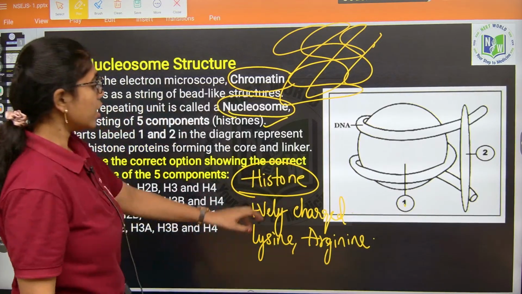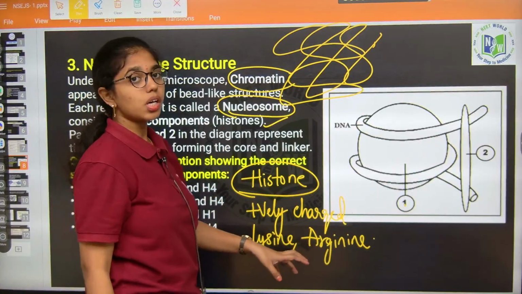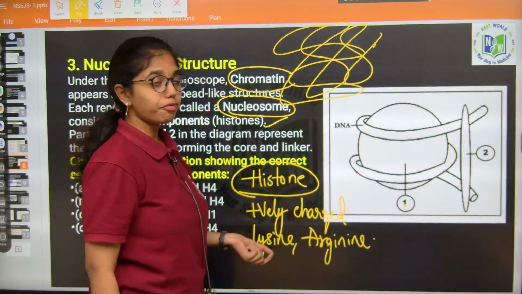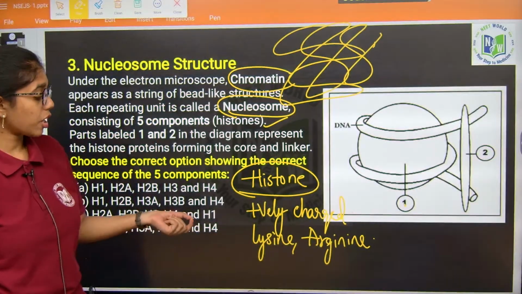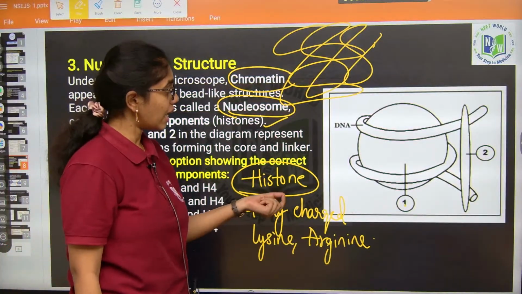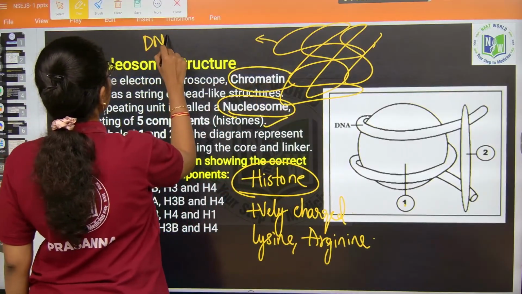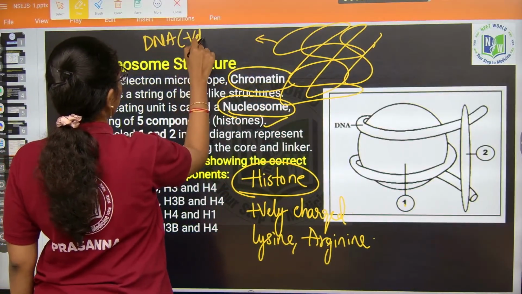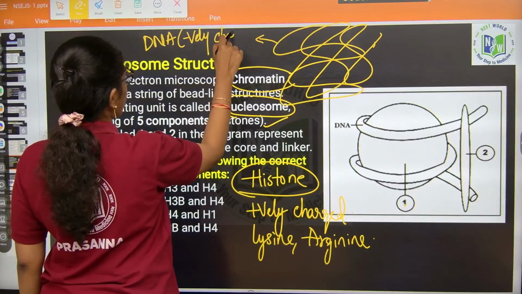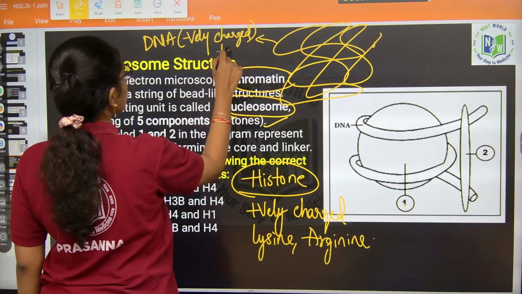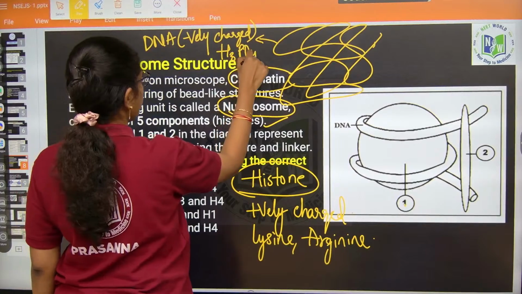Fine. So histones, which are positively charged proteins, are composed of basic amino acids, lysine and arginine. And DNA, of course we know, is negatively charged because of phosphoric acid, that is H3PO4.